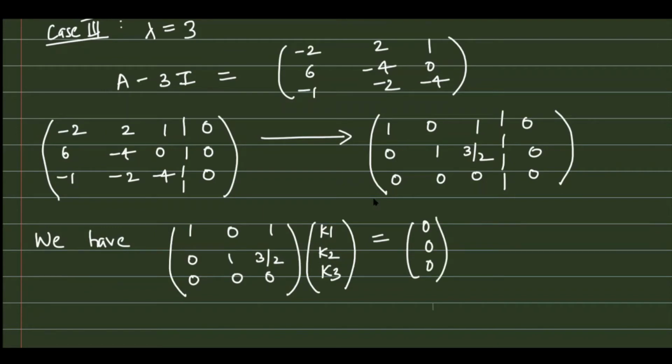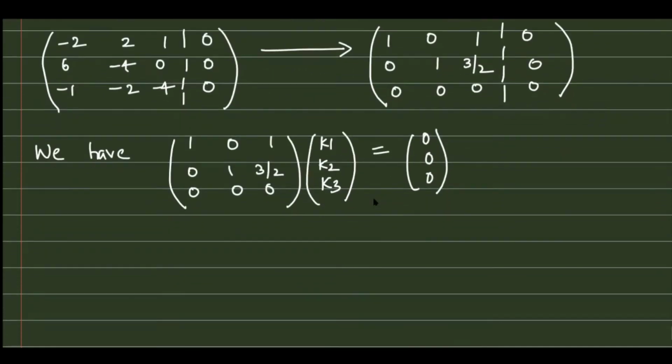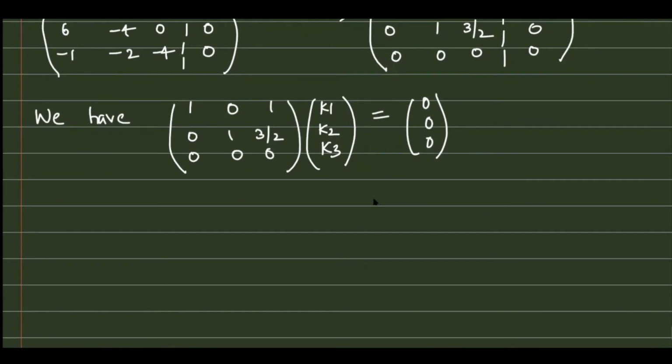Now we have to write the corresponding equations. So from the first equation we will get K1 plus K3 equal to 0. From the second row we will get K2 plus 3 by 2 K3 equal to 0.